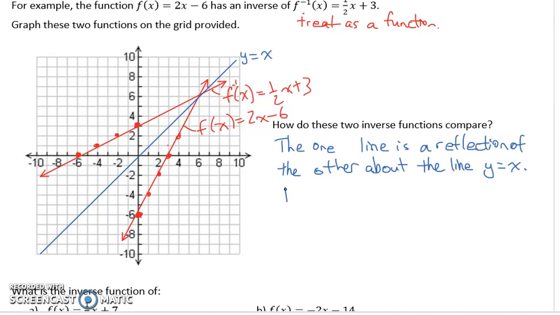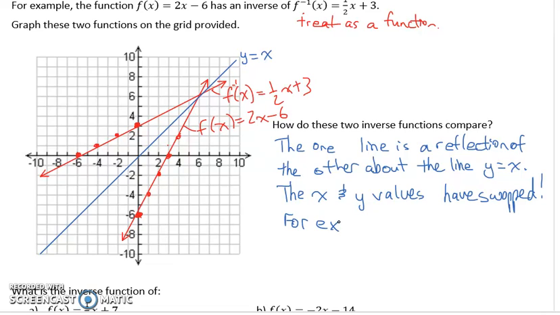So what's really happened is the x and y values have swapped. For example, if that doesn't become intuitively obvious to you yet, if we look at the function f of x, when x was 0, well, what was the y value?